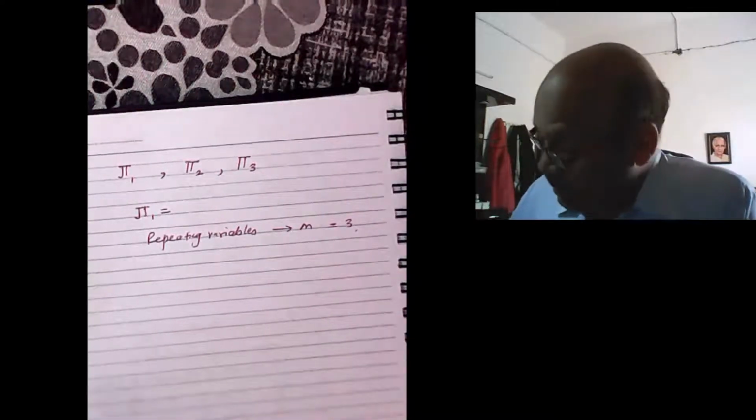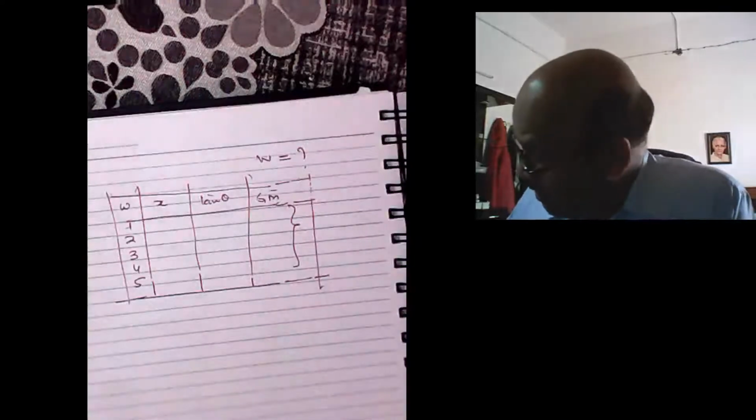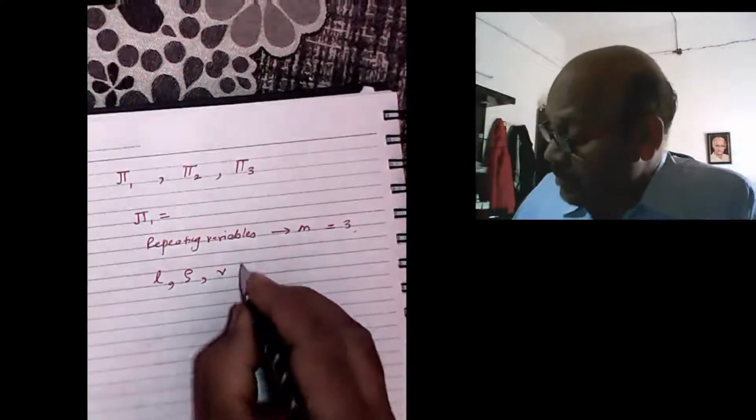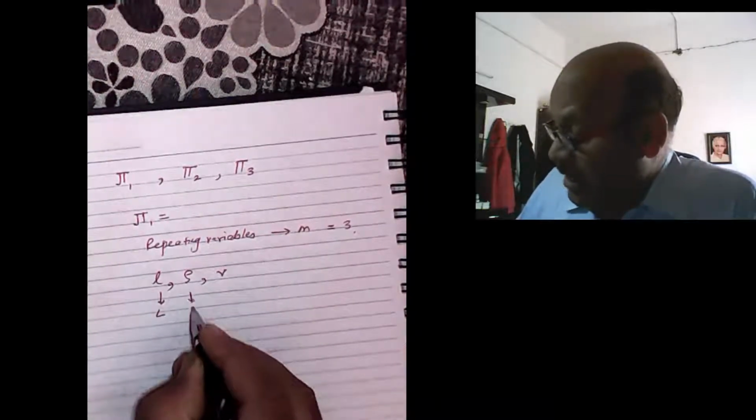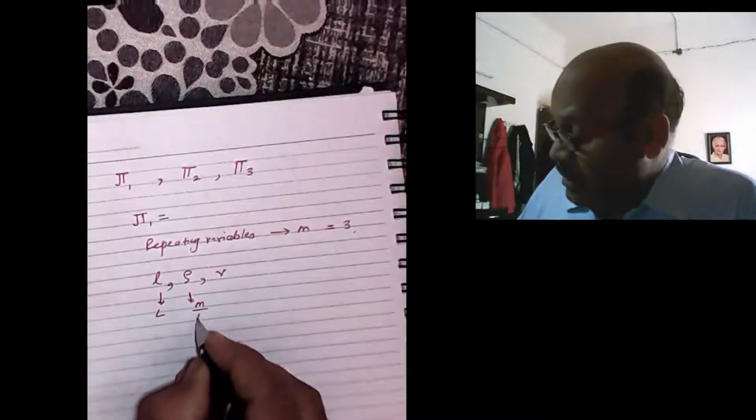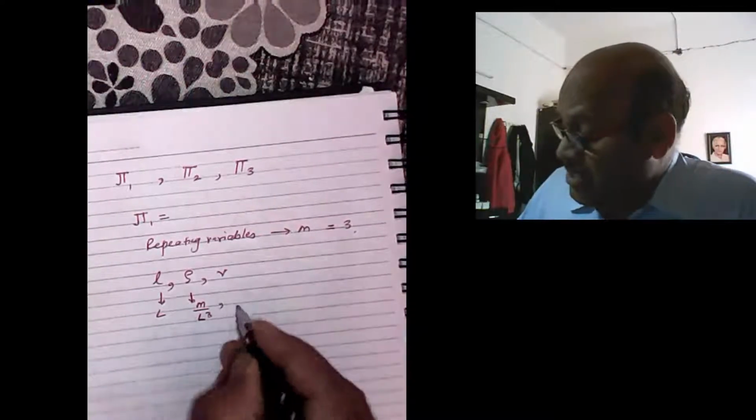So let's say, for example, we take L, rho, and V. These are the repeating variables. This will have dimension L, this will have dimension M by L cube, and this will have the dimension of L by T square.